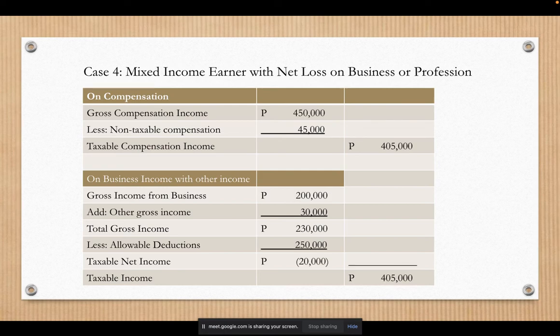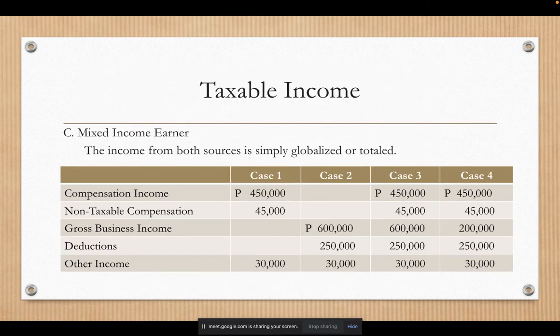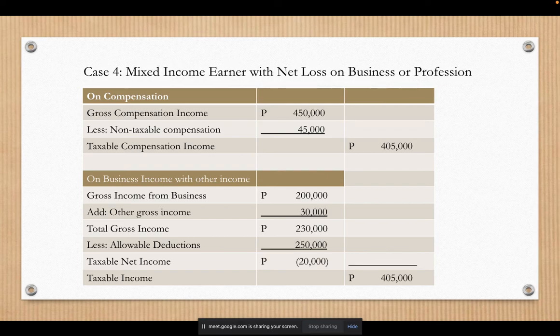How about case number 4? Paano naman kung ganito yung itsura, 'di ba? Makikita mo dito if you notice yung business loss niya, hindi na yan income. Because if you notice dito sa case scenario, the gross business income in case 4 is 200,000 but he spent or has deductions of 250,000. All right? So kung makikita mo dito sa case number 4, meron siya actually 200,000 na business income.